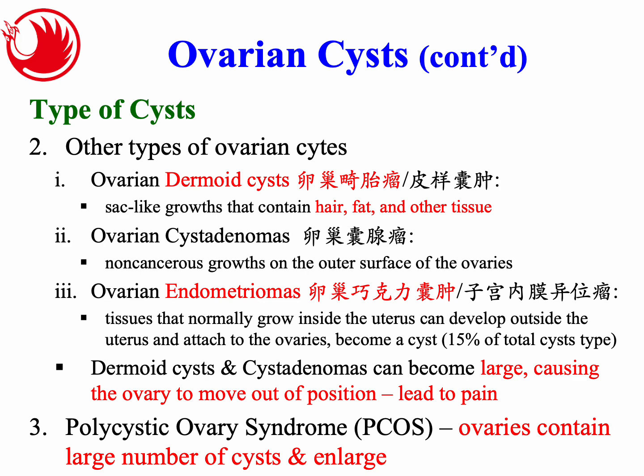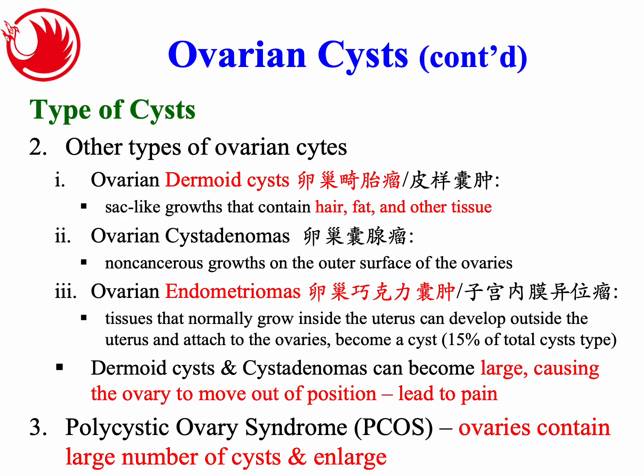In summary, dermoid cysts and cystadenomas can grow large and cause pain by moving the ovary out of position. Endometriomas are associated with endometriosis and can be painful. PCOS involves multiple cysts and can have broader health implications.